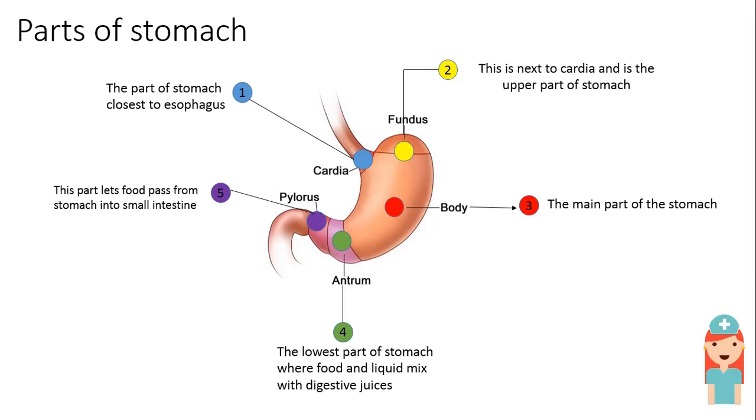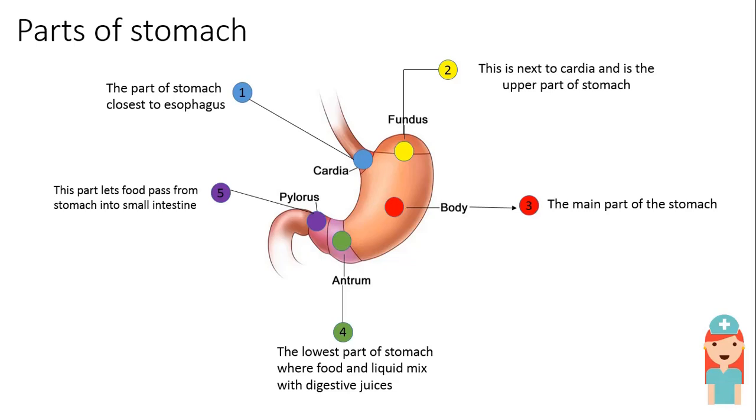Cardia is the first part, the part of the stomach closest to the esophagus. The second part of the stomach is the fundus. This is next to the cardia and is the upper part of the stomach. The third is the body, the main part of the stomach. The fourth one is the antrum, the lowest part of the stomach where food and liquid mix with the digestive juices.